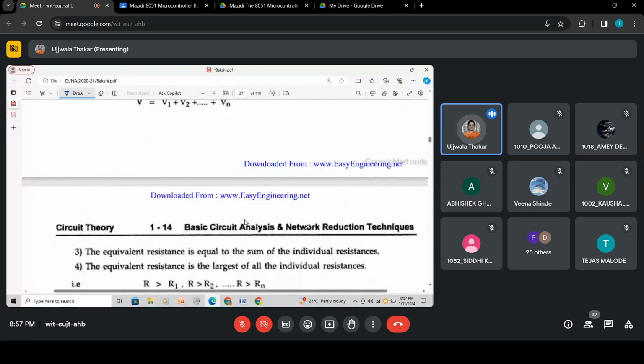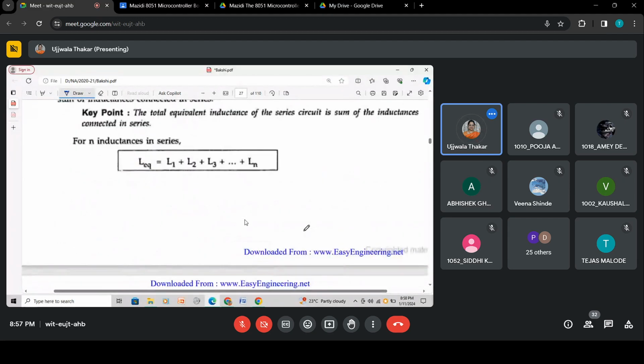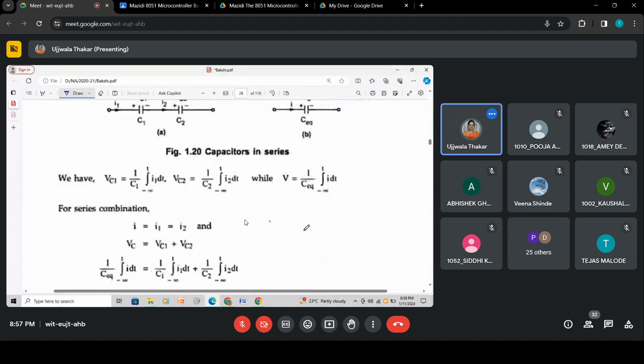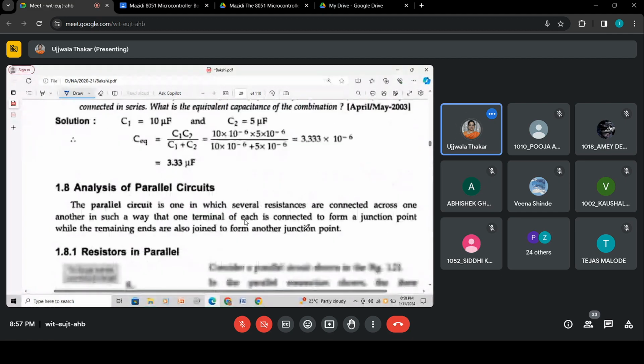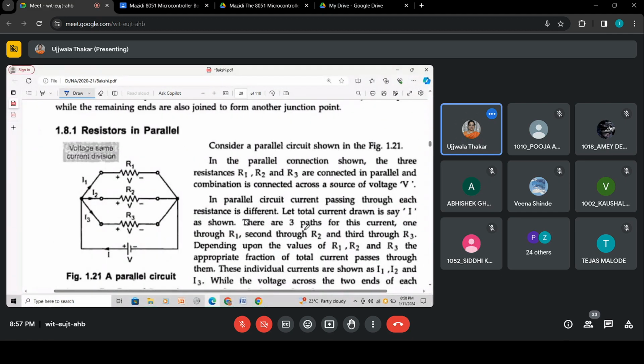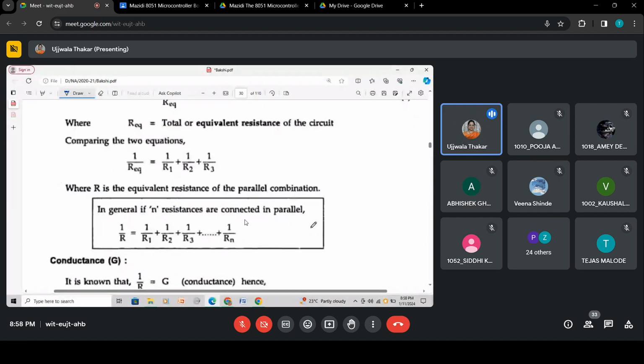If they are in parallel, inductor we won't do it now. Inductor, anyway we don't have to go for this type of circuit. We have to go for the circuit which is much more complex. And resistances in parallel will have this particular equation: 1 upon R equals 1 upon R1 plus 1 upon R2 plus up to 1 upon R3.